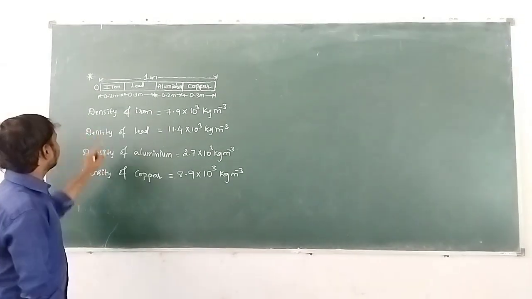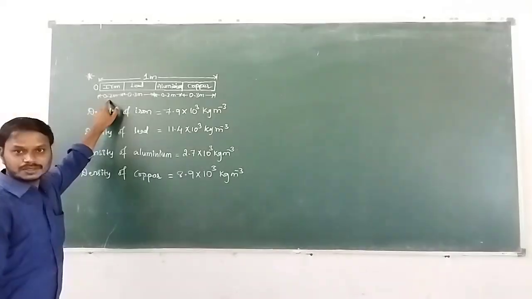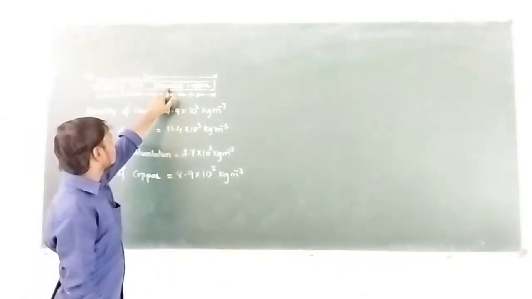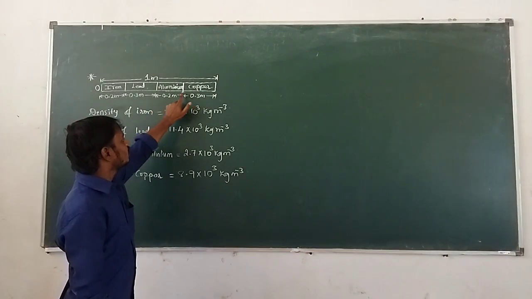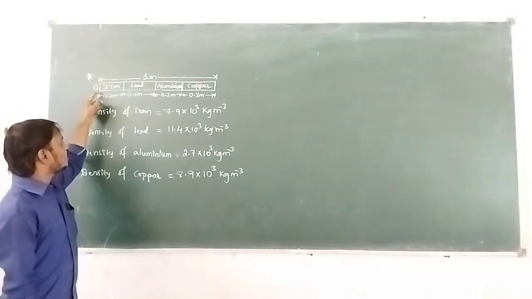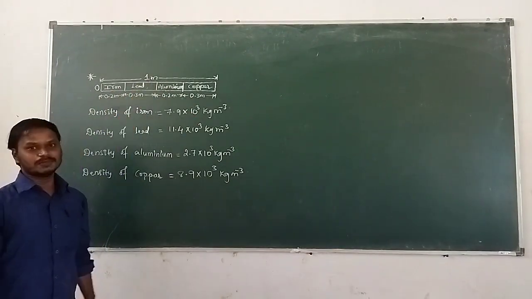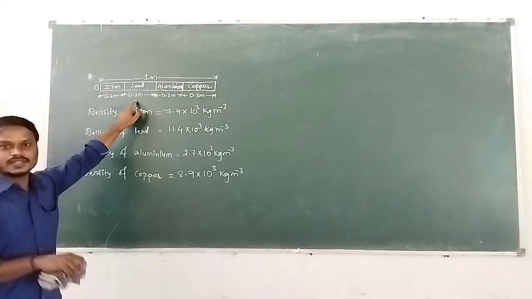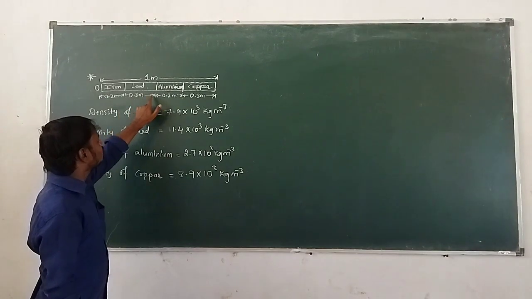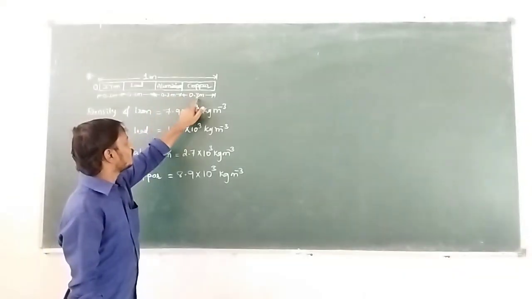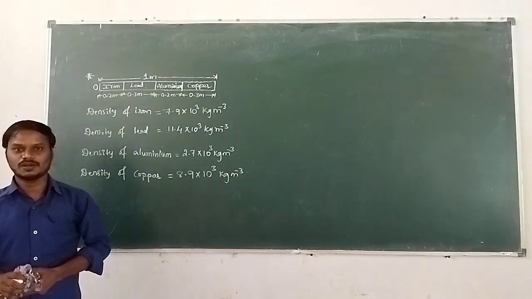The length of the iron is 0.2 meter, lead 0.3 meter, aluminium 0.2 meter, and copper 0.3 meter. Then the total length of the rod is 1 meter, because 0.2 plus 0.3 is 0.5, 0.5 plus 0.2 is 0.7, and 0.7 plus 0.3 is 1 meter long.